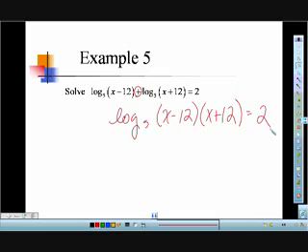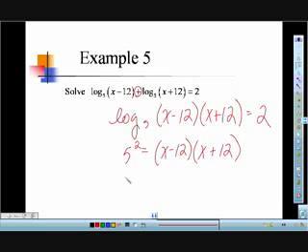Well, I'm now in logarithmic form, which means I could switch it back to exponential form. Exponential form would be 5 squared equals x minus 12 times x plus 12. From here, I'm going to have 25 equals x squared minus 144.